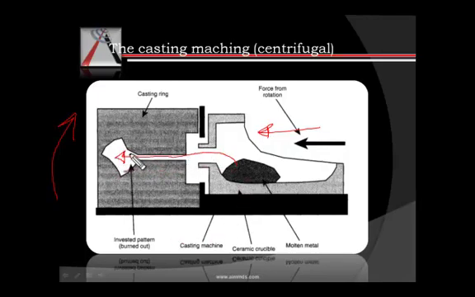The molten metal flows in from the sprue former into the mold cavity, and while it is flowing in, the gases which were occupying the mold cavity escape out of the investment, allowing the molten metal to fill the mold space and form the final casting. So this is our casting machine, and this is the actual casting technique.